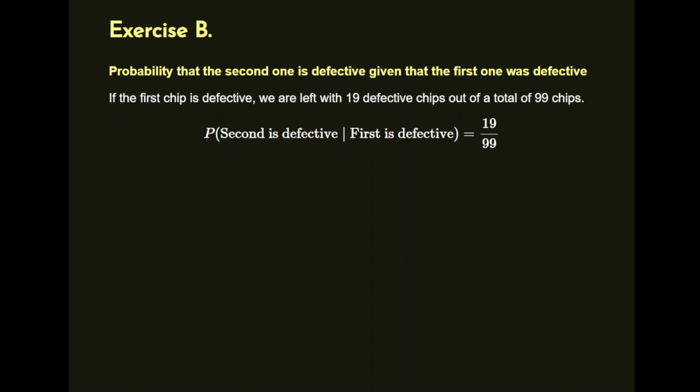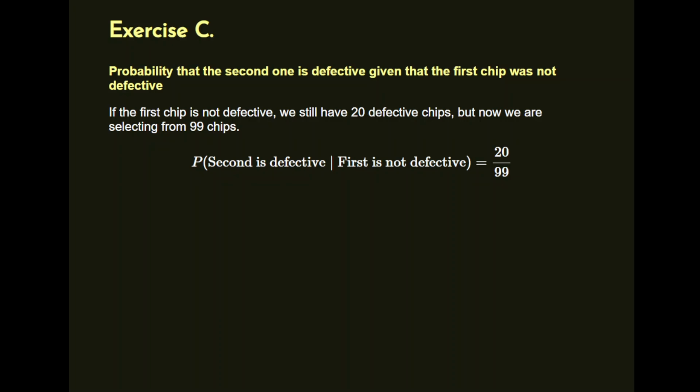So you just have to think this through in your head. If the first chip is defective, we are left with 19 defective chips out of a total of 99 chips. So probability of second is defective, given, that's what that bar in the middle means, that's how we verbalize it, the first one is defective. Straightforward enough. There are 99 chips left, and of that 99, 19 are defective. So 19 divided by 99.